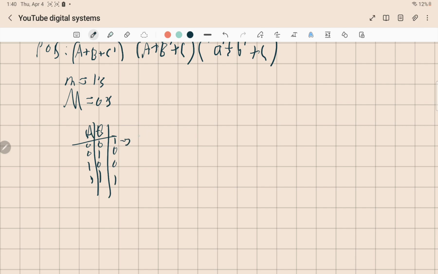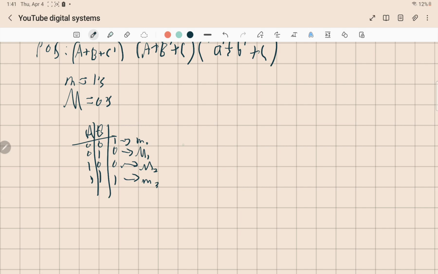So this is M0. It starts counting from 0 and goes up, not from 1, because it's 0, 0. This is going to be max term 1. This is max term 2. This is min term 0. No, it's going to be min term 3.